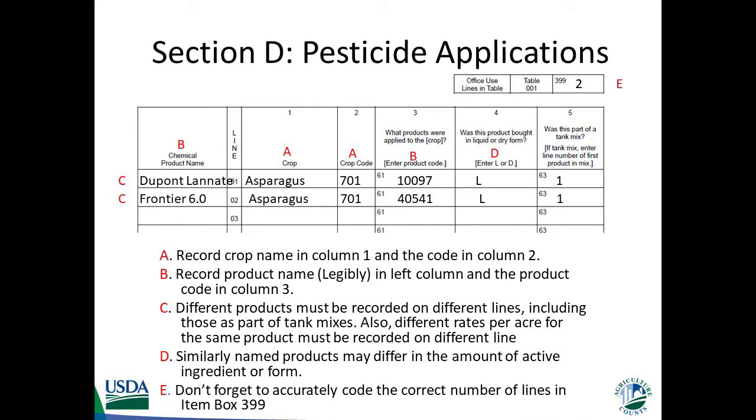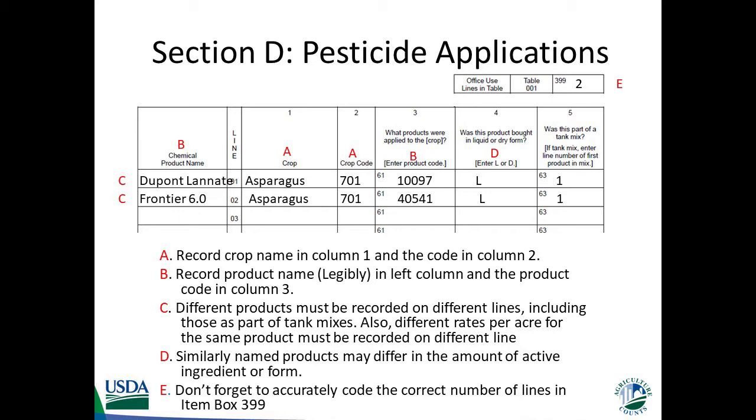The chemical codes can be found in your respondent booklet or in the all-inclusive pesticide listing posted on the Purdue GLR website. In column 4, you should report whether the product was purchased in liquid or dry form. Then in column 5, indicate whether the chemical applied to that crop was part of a tank mix and which line of the table represented the first chemical in the mix.